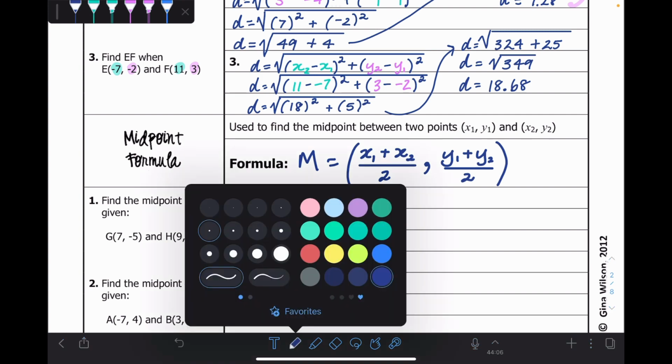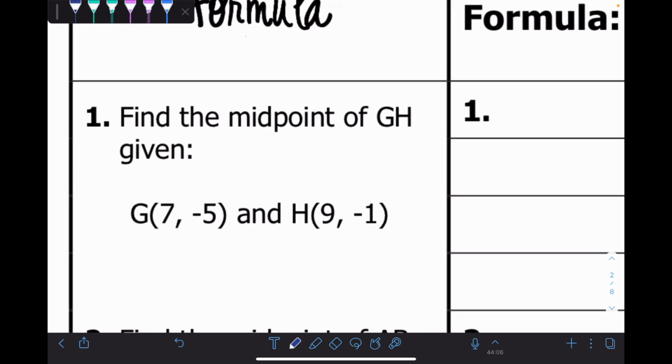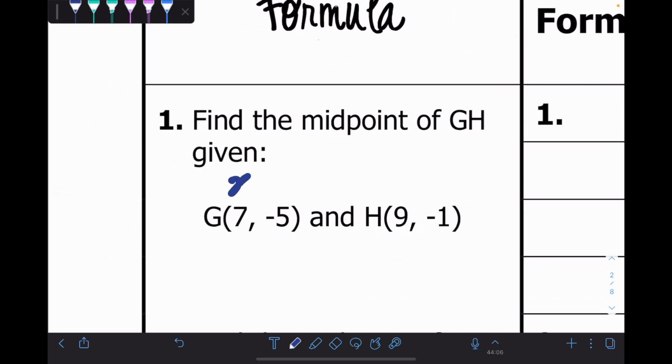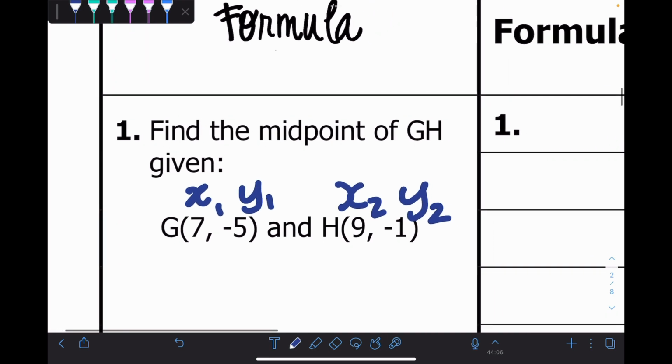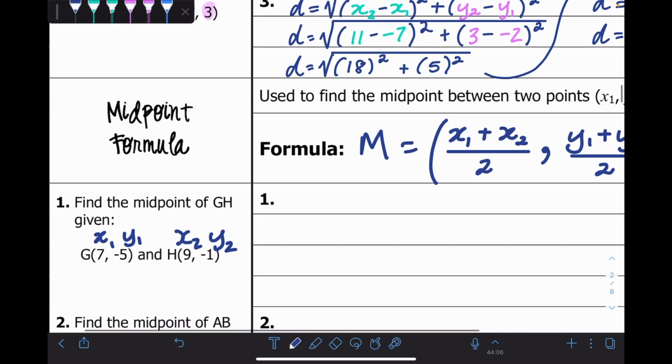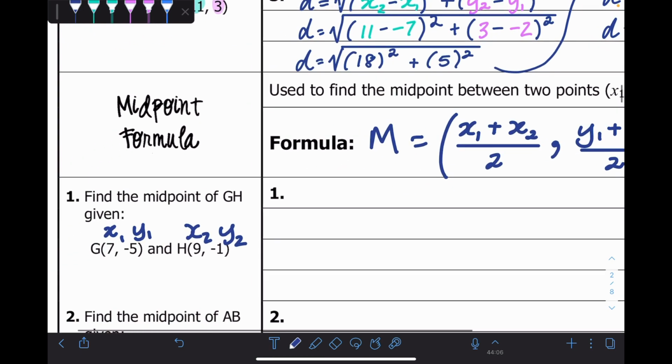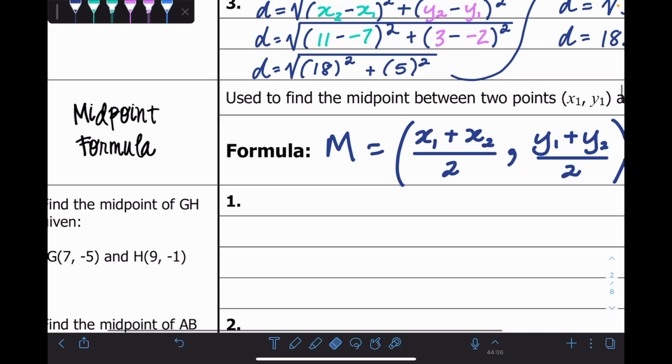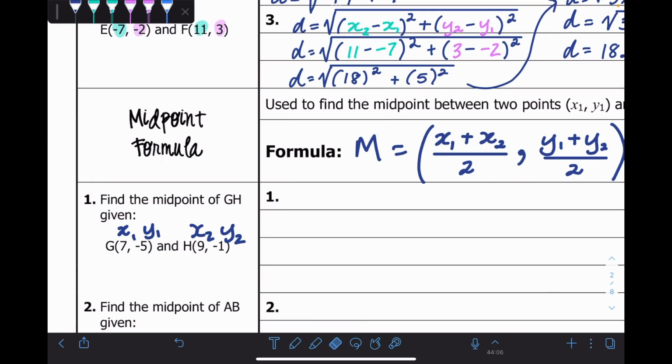I've seen other people just label it, and say, okay, this is x1, this one's y1, this one's x2, this y2, and they can follow it that way. It makes it easier when you're substituting it. Whatever works for you, yeah? I like to color code because I like pretty colors. There's no right or wrong.